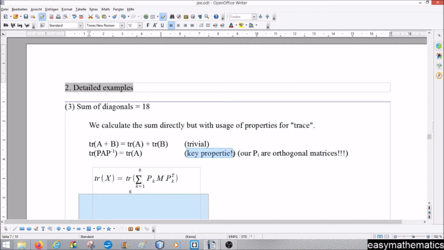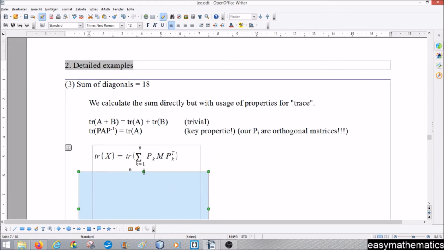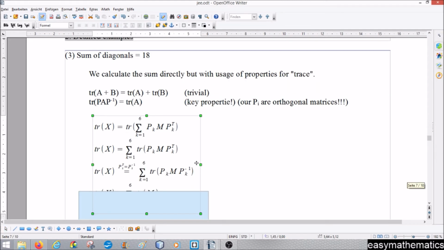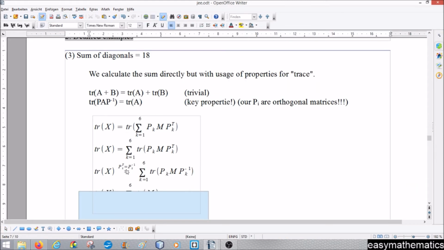And our problem is we have not P inverse, we have P transposed. But because these matrices P are orthogonal, what do we know? We know from orthogonal matrices that P transposed is P inverse.